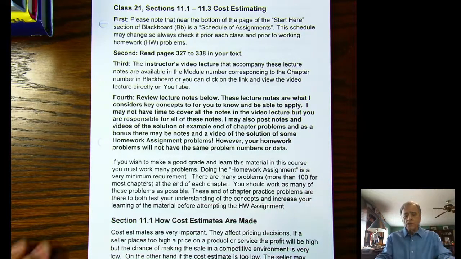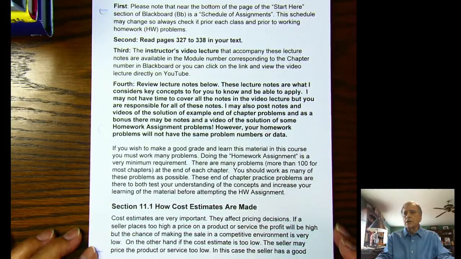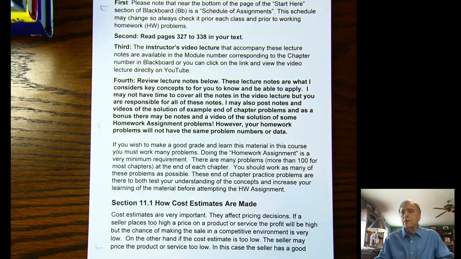So we'll start with section 11.1, which covers how to make cost estimates, and the author talks about the importance of getting your cost estimates correct, or as accurate as can be, because they affect pricing decisions.